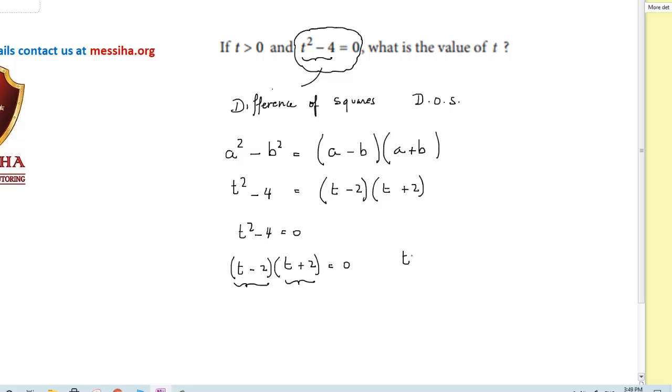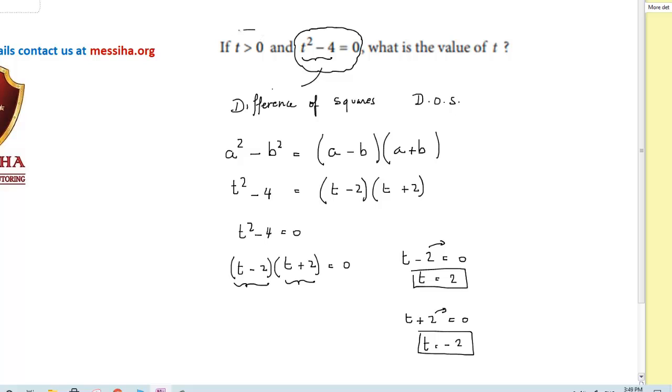So I have two options, either t minus 2 equals 0 or t plus 2 equals 0. To isolate t, I'm gonna transfer the negative 2 to positive 2 on the other side. And here, the same thing, I'm gonna ask the 2 to go to the other side with negative 2. So I will have two options, t equals 2 or negative 2.